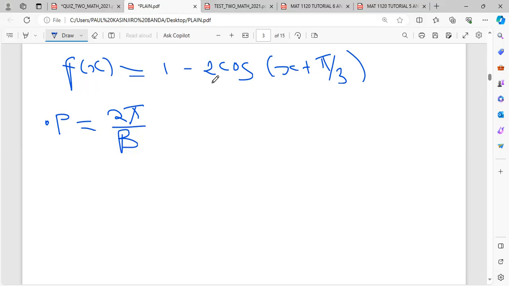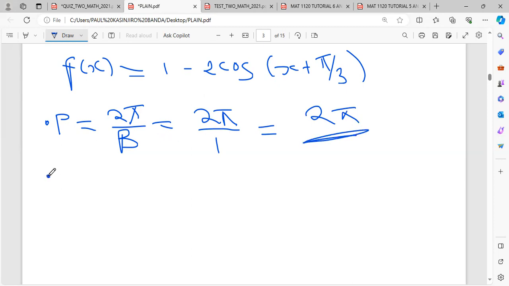In this equation, the coefficient of x is just 1, meaning our period will be 2 pi over 1, which gives us 2 pi. So this is the period.